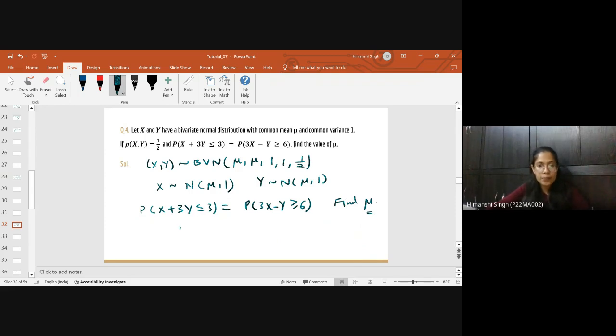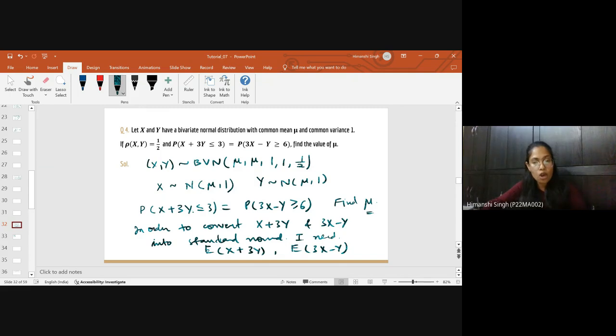For that, we have the probability that x plus 3y is less than or equal to 3, and the probability that 3x minus y is greater than or equal to 6. Since x and y are both normal, a linear combination will again be a normal random variable.